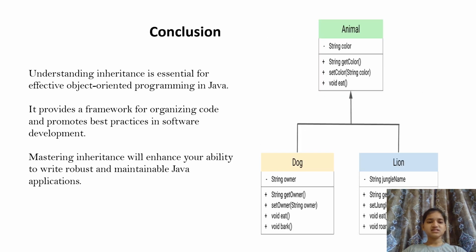In conclusion, understanding inheritance is essential for effective object-oriented programming in Java. It provides a framework for organizing code and promotes best practices in software development. Mastering inheritance will enhance your ability to write robust and maintainable Java applications. Here I end the topic, basics of inheritance.